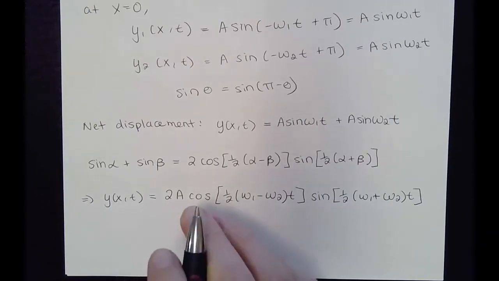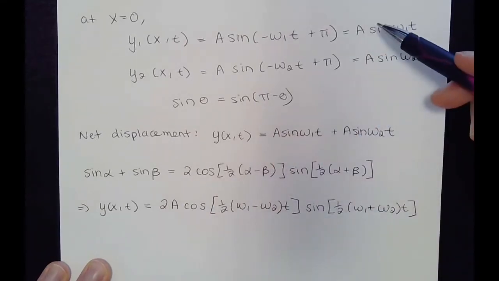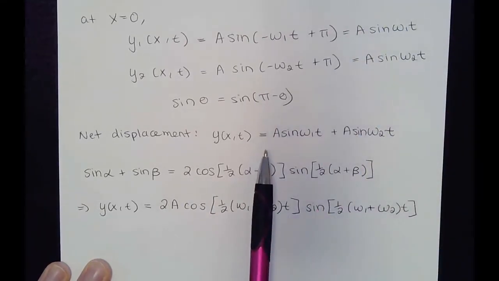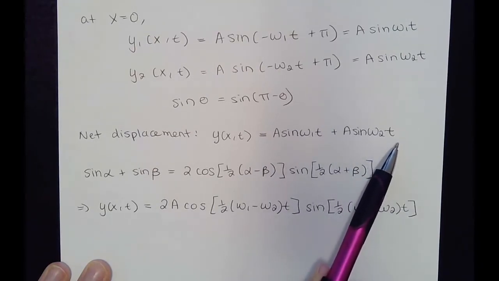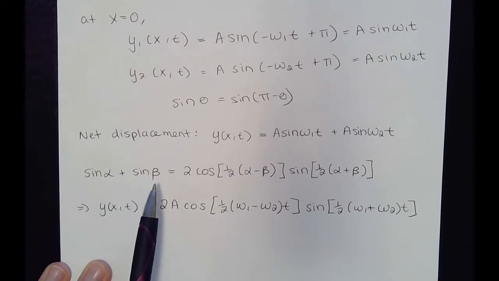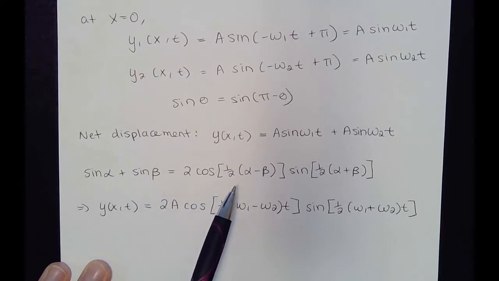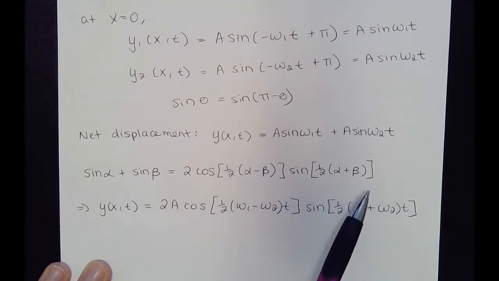Okay, so if we write the net displacement, we're going to add up these two displacement functions, y1 and y2. So we have A sine omega 1 t plus A sine omega 2 t. And then we can use this trig identity, sine alpha plus sine beta equals 2 cos of 1/2 (alpha minus beta) sine of 1/2 (alpha plus beta).